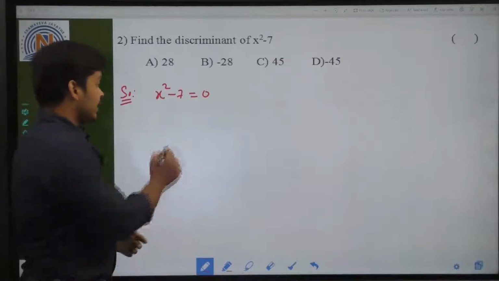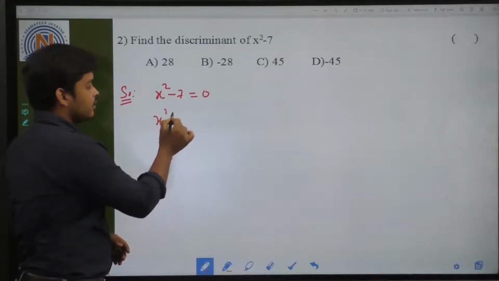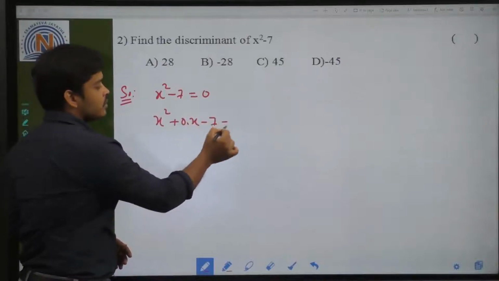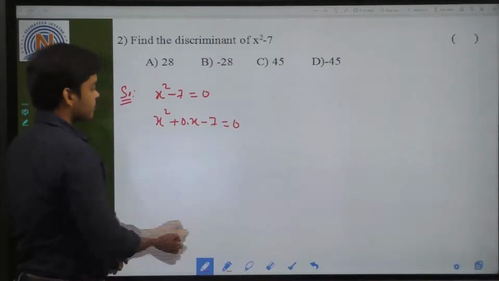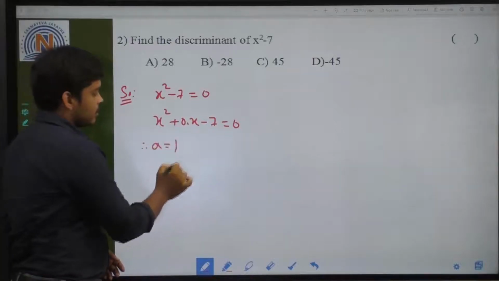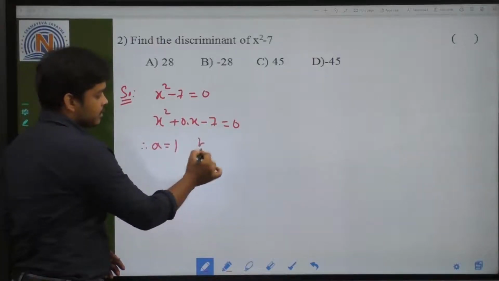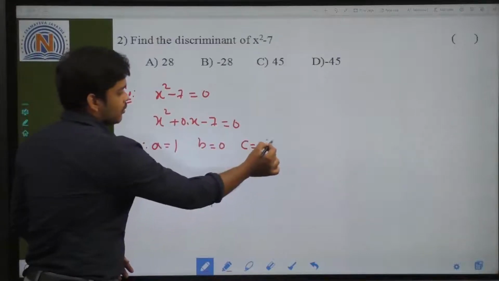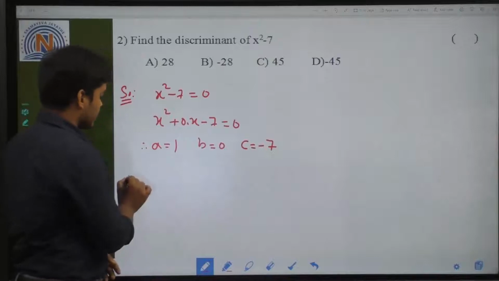So we are introducing a dummy linear term, 0 into x, minus 7 equals to 0. Now write the coefficients: the coefficient of x square, a value is 1, coefficient of x, b is equals to 0, and c is equals to minus 7. Now he is asking about our discriminant.